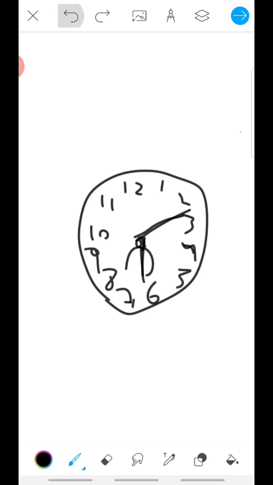So I've done 14:30 here right now. It doesn't really matter. You can have 2:30. It doesn't really matter on these type of clocks. It matters on digital clocks, but not on these clocks.